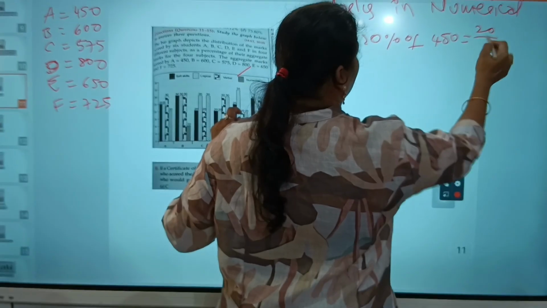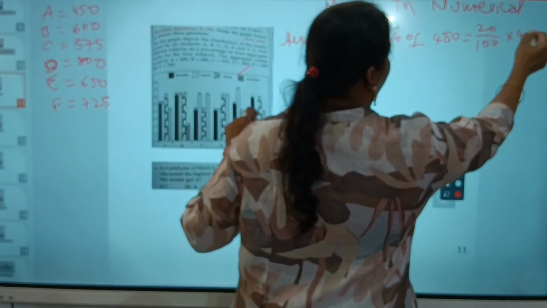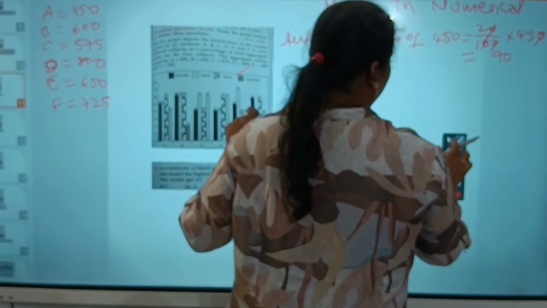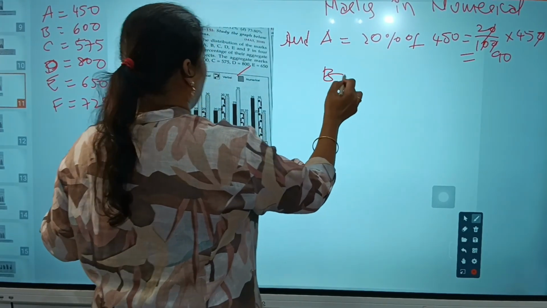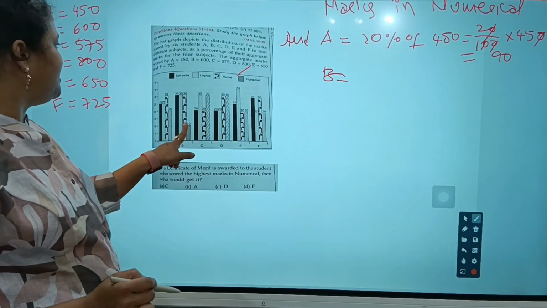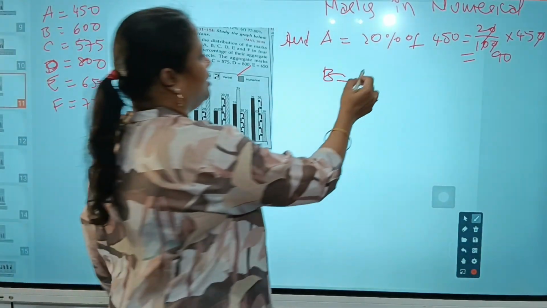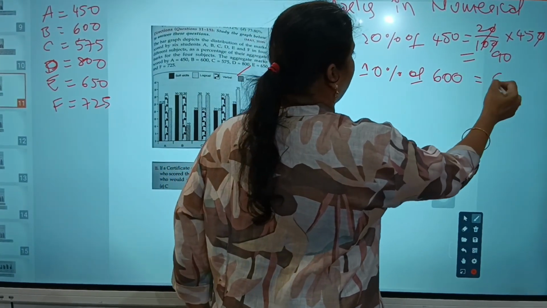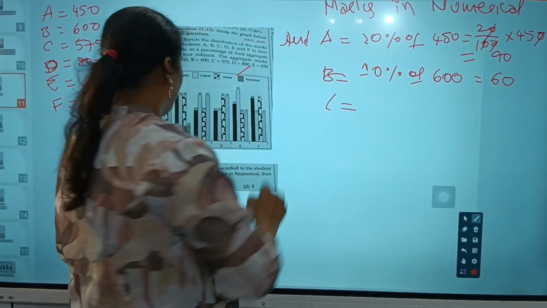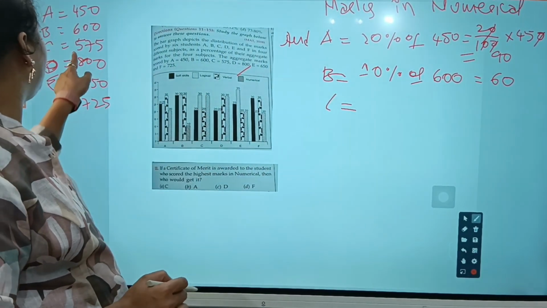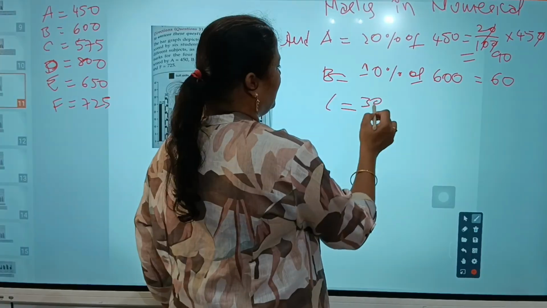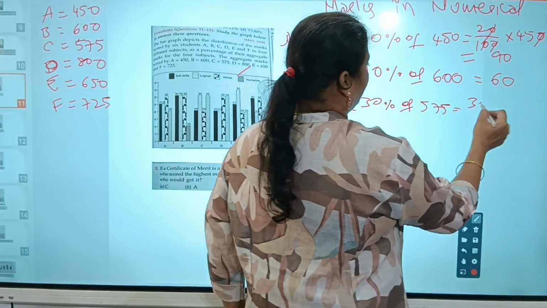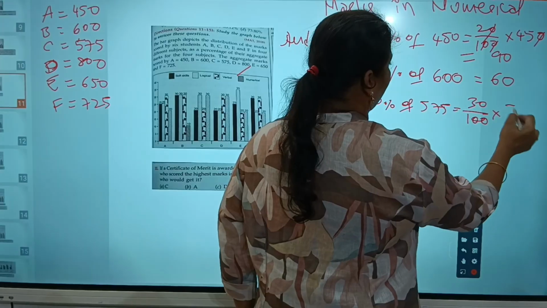Which is equal to 20 by 100 into 450. So it is 90 marks. Student B, it is 10% of his aggregate marks, means 10% of 600 is obviously 60. For C, the percentage is 30% of 575, 30 by 100 into 575.